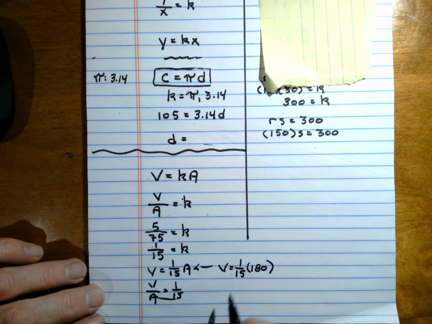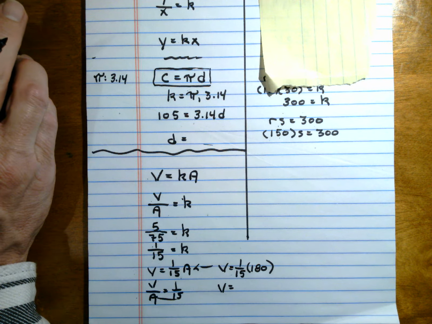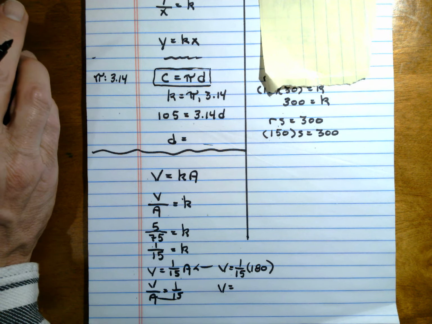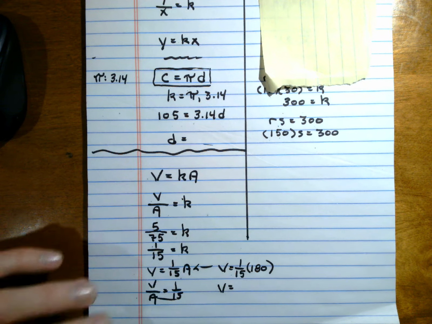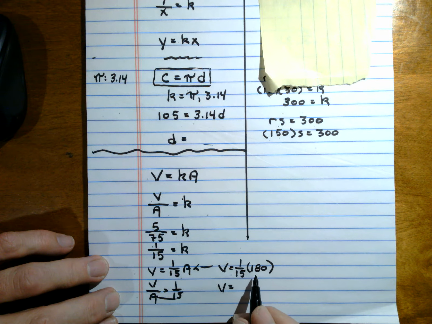So now we can solve for volume. The volume is going to equal 1/15 times 180. And I believe the question says, please enter your answer as the number of liters. So you will enter how many liters results from attempting to paint 180 square feet.